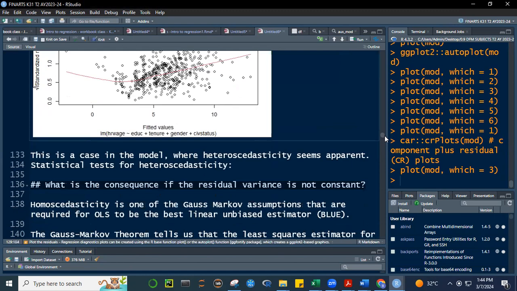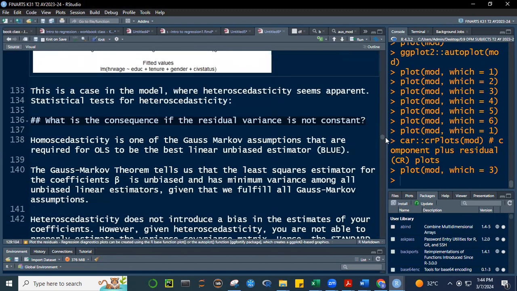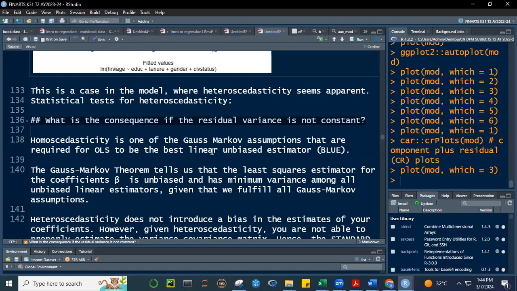And then let me just explain to you class what's the consequence if the residual variance is not constant, if it's heteroscedastic. Ano mangyayari? Now, we said that one of the assumptions of classical linear regression is that the residual variance should be homoscedastic in order for us to generate yung OLS natin, ordinary least squares, it should be the best linear unbiased estimator. Blue siya, no? BLUE.